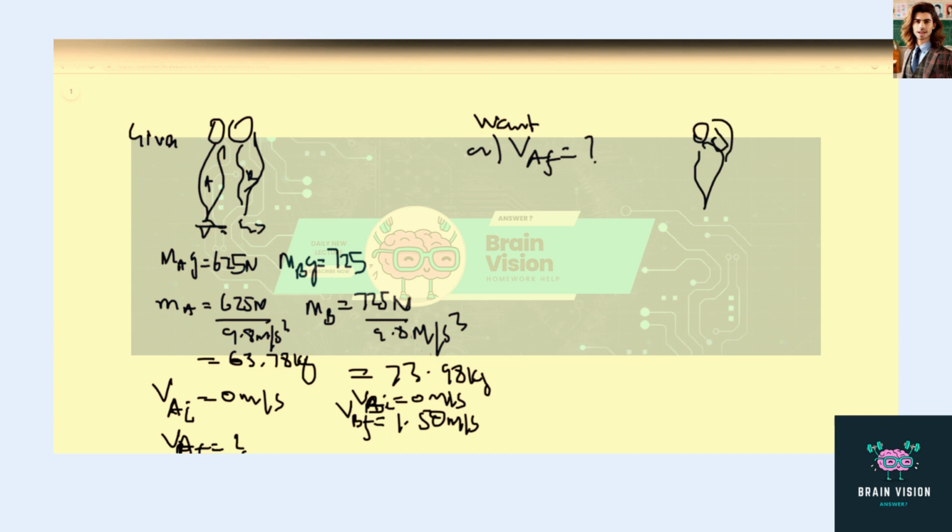So once they make contact, we want to know the final velocity of A. This is still A and this is B. And the other thing we want to find out is the total kinetic energy. Remember, the total kinetic energy will be the kinetic energy of A plus the kinetic energy of B.